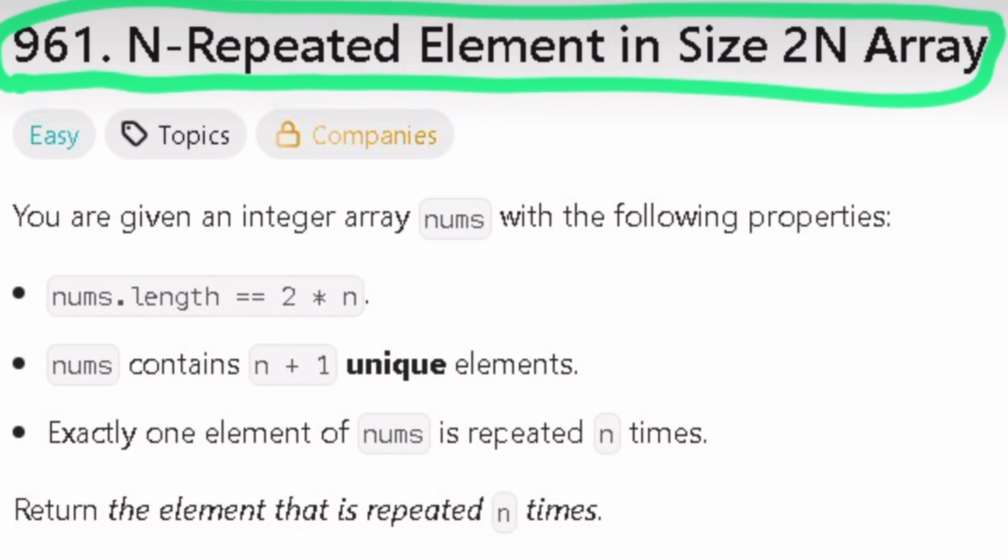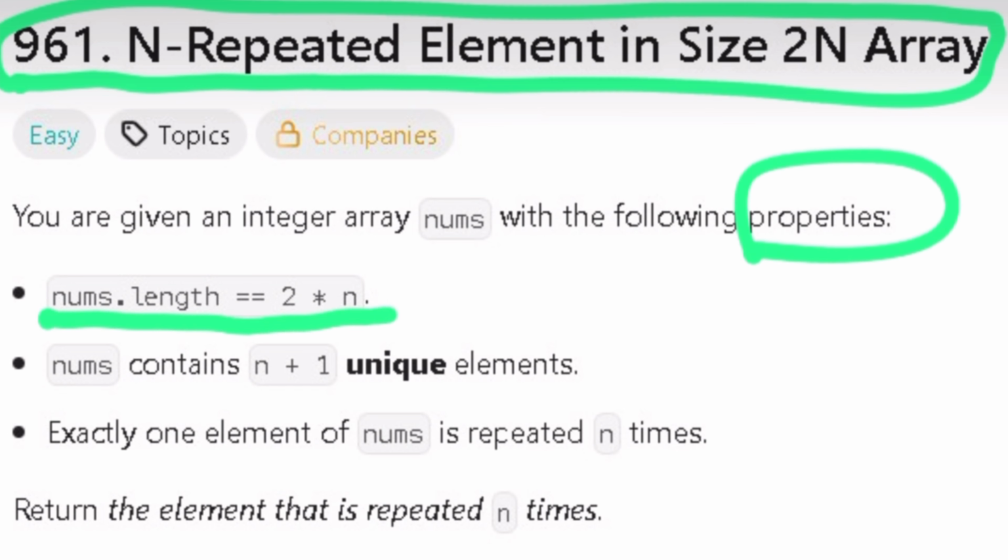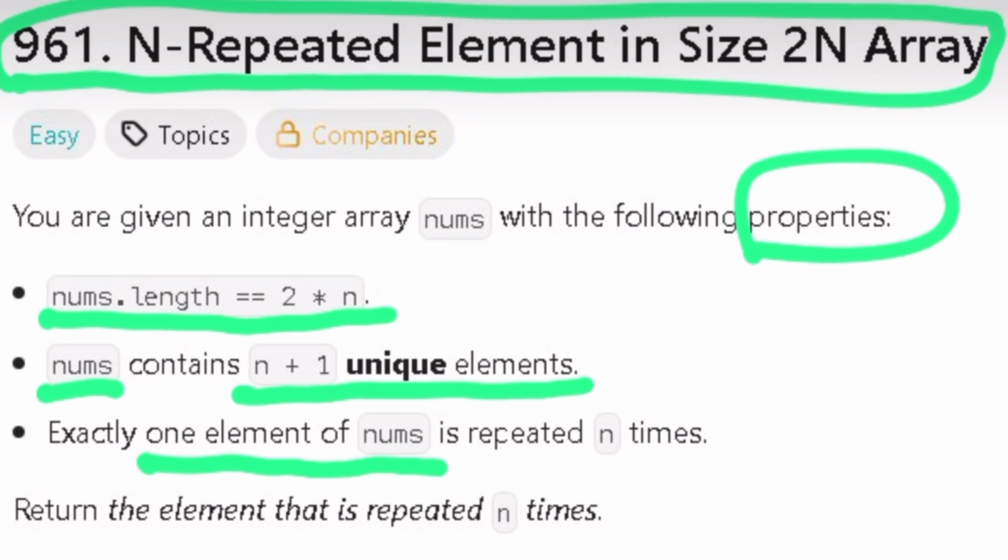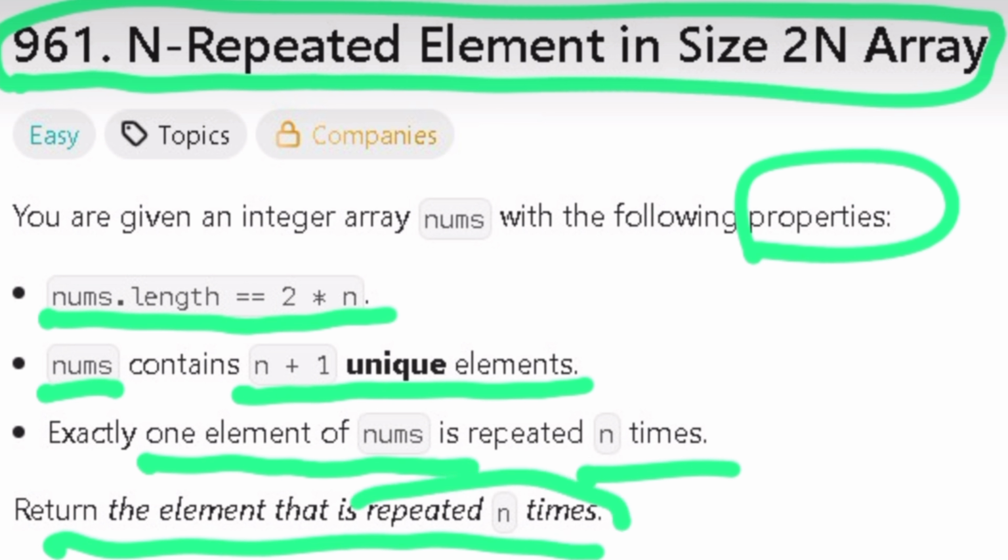We have given array nums with the properties that nums.length is equal to 2 into n, and nums contains n plus 1 unique elements, and exactly one element of nums is repeated n times. So we have to return the element which is repeated n times.